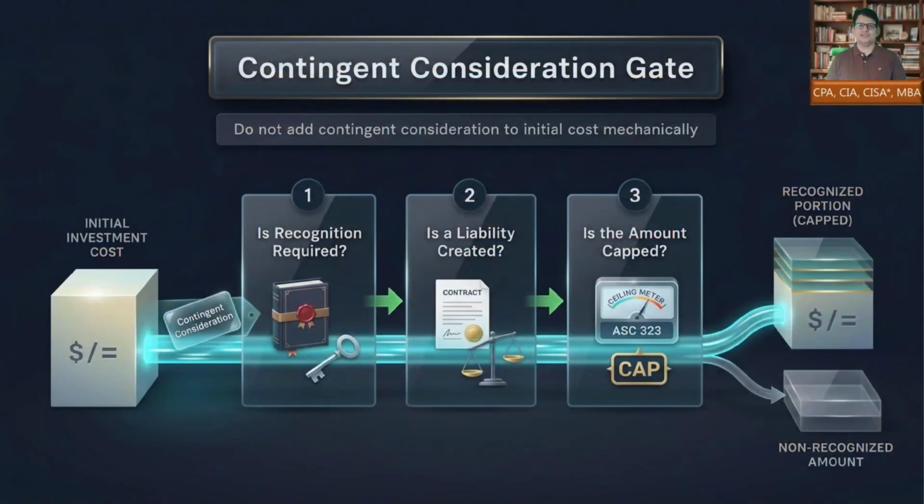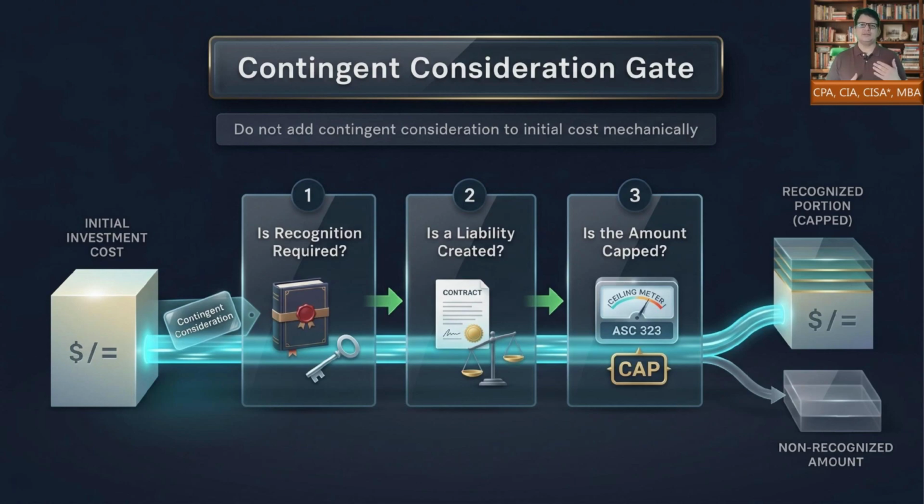Contingent consideration needs careful treatment. An equity method investment agreement may require the investor to pay additional amounts if future events occur. But we do not automatically add every possible future payment to initial cost. First, ask whether another ASC standard requires recognition at inception.